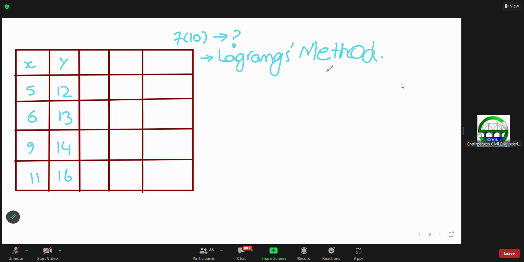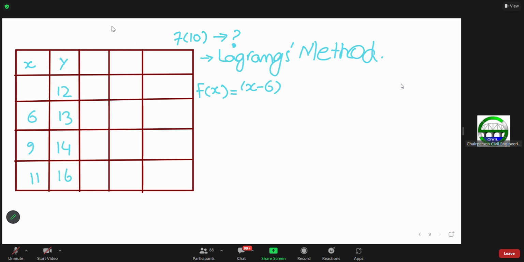Lagrange method. So in the Lagrange method, f of x is equal to, okay, so it is very easy. What you do, start from the top, just hide this one, and then write x minus 6. Just ignore it, let's say it's not here.